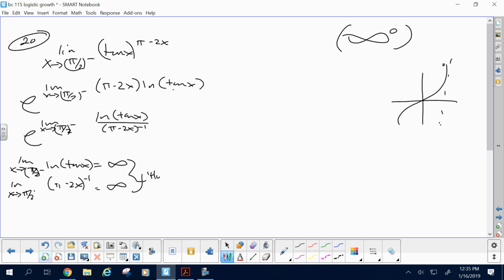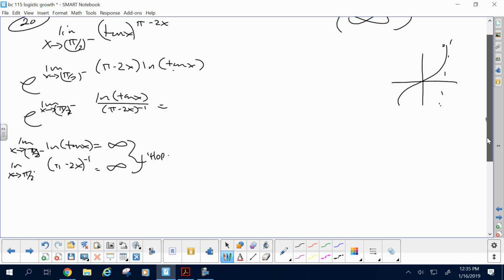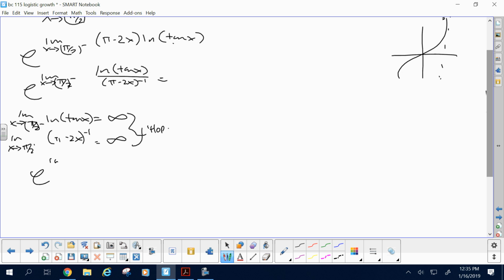Yes. It is a L'Hopital applicable case. We proceed with the derivative, either below or next to, whatever you want. So, by L'Hopital's rule, the numerator derivative is tangent in the denominator, 1 over tangent, and secant squared, if I'm not mistaken, right? The denominator derivative is negative 1, pi minus 2x to the negative 2 times negative 2 via chain rule, right?